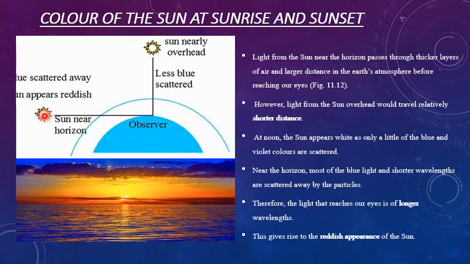And you know who has larger wavelength? Mostly red and orange colors. This gives rise to the reddish appearance of the sun. That is why when the sun is near the horizon, when the sun sets, we see it reddish or orangish in color, whereas here when it is overhead, we see it bluish or violetish in color.